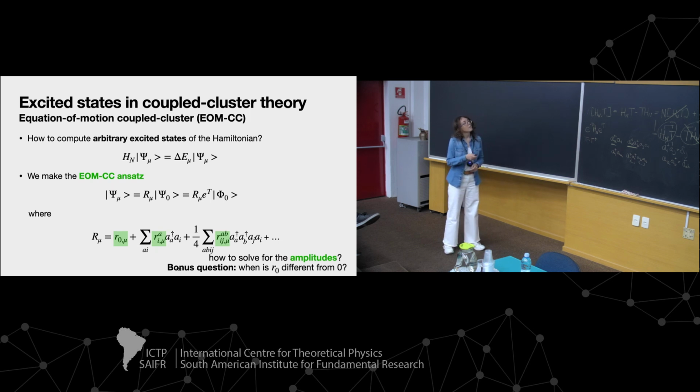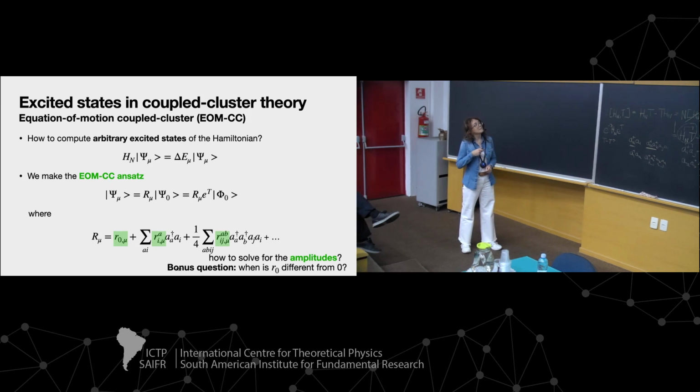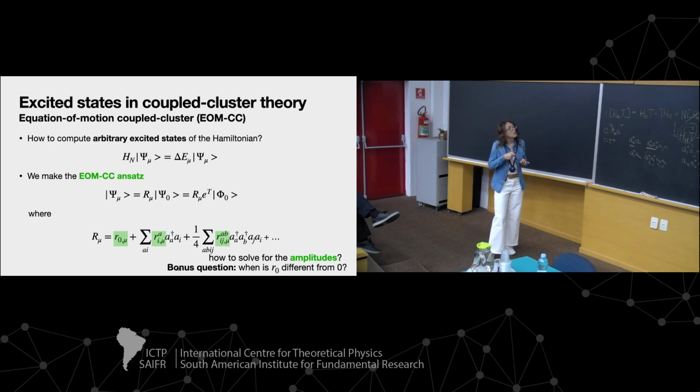So if you just look at this expression, at the equation of motion ansatz, you see that psi 0 should be 0 plus. Let's constrain ourselves to the case of a spherical nucleus. So this should be 0 plus. And this, we know, has a different angular momentum, or it can be 0 plus if we are looking for excited states of 0 plus nature.